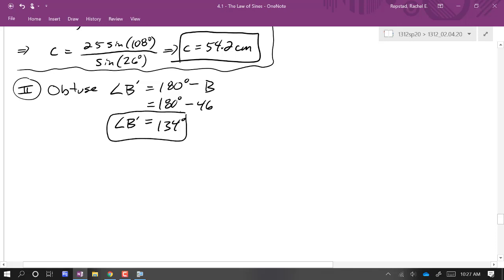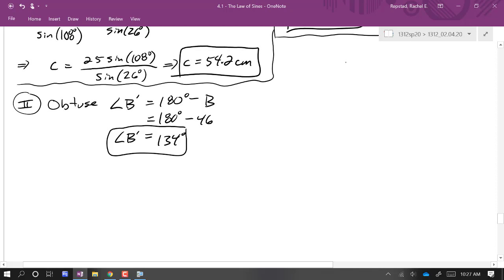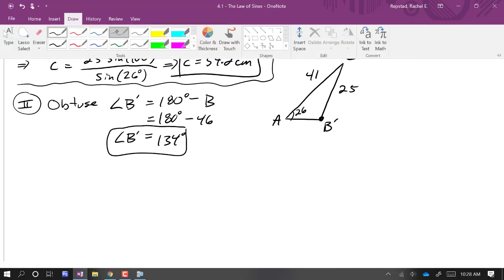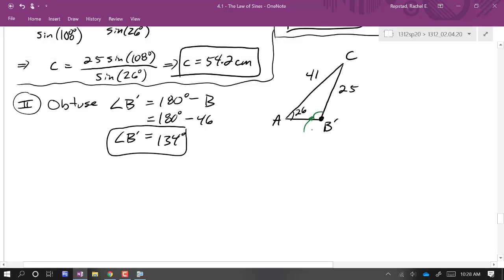And now if we draw this, this is 41, this is 25, this is 26. We know that this is 134 degrees.